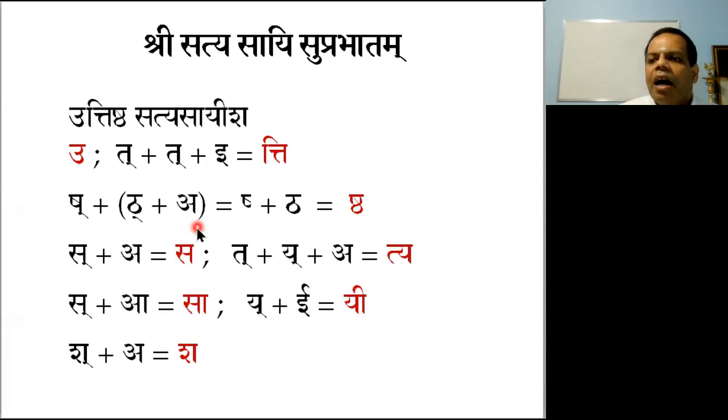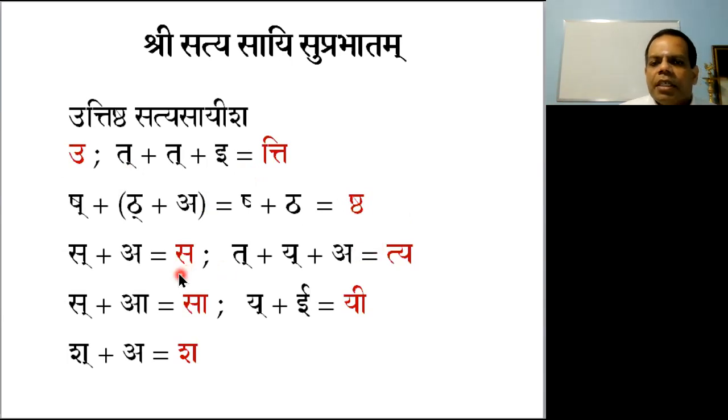The next one is A. Ish, that becomes half almost, and Tha. Ish, Tha, gives you Shtha. Okay. Uttishta. Okay. Uttishta means actually wake up. To say this word, you have to wake up. When you say it, you will wake up. Uttishta. Okay.